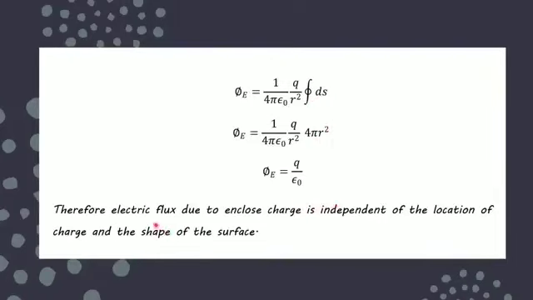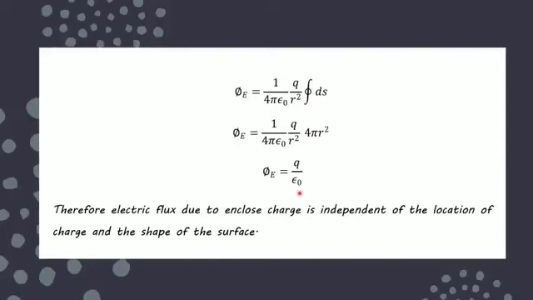It means electric flux due to a charge which is enclosed is independent of the location of the charge, means it is not dependent upon r. Wherever I take the r, at any particular distance, flux will be independent of r. It depends upon the charge which is being enclosed and the medium, permittivity.